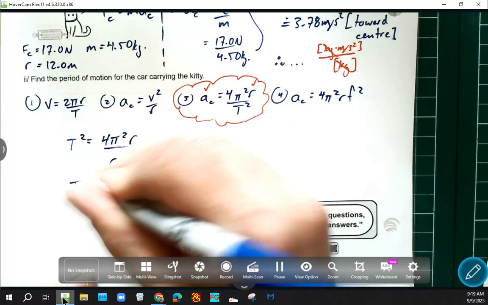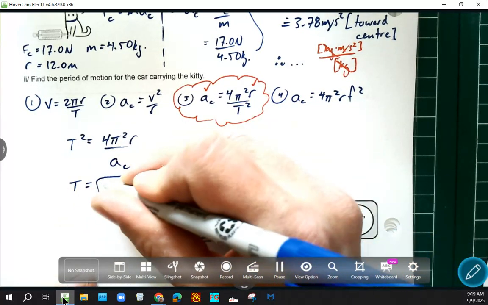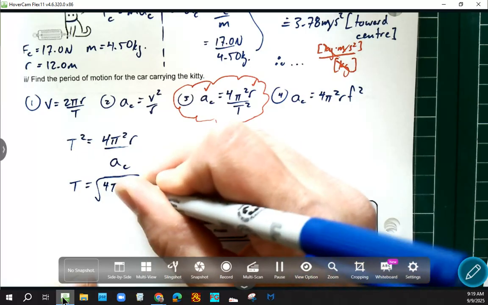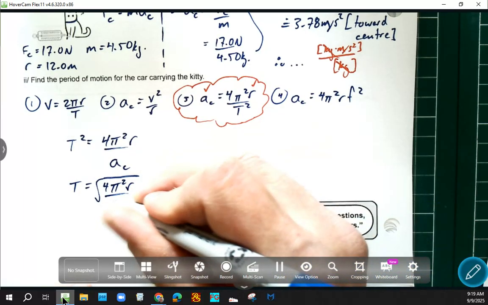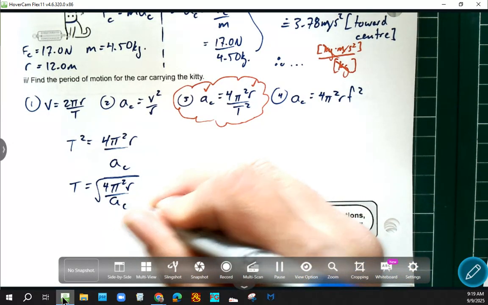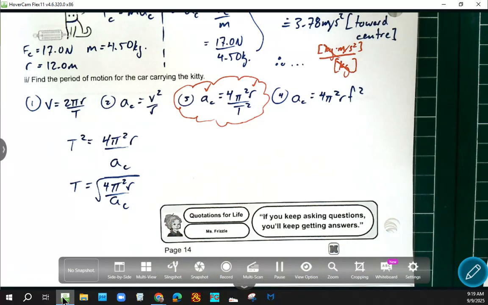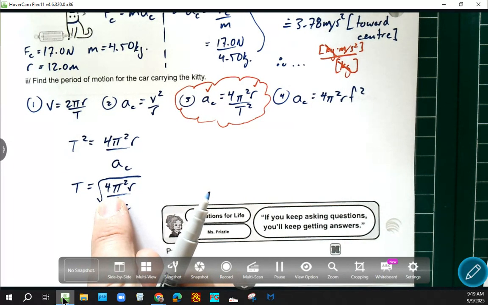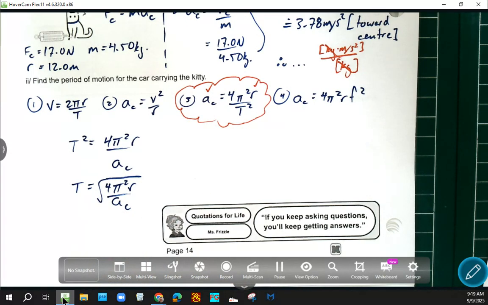Square root both sides, period's equal to the square root of all that. If I was in a math classroom, I would probably have just rewritten this as 2 pi times the square root of r over AC. You see what I'm saying? See how the 4 pi squared would reduce to 2 pi? But as it stands, I'm just going to sub things in the way that I've done it.